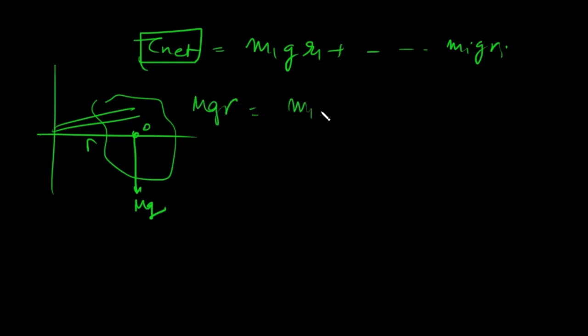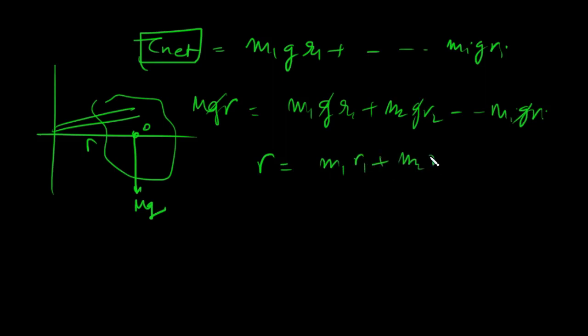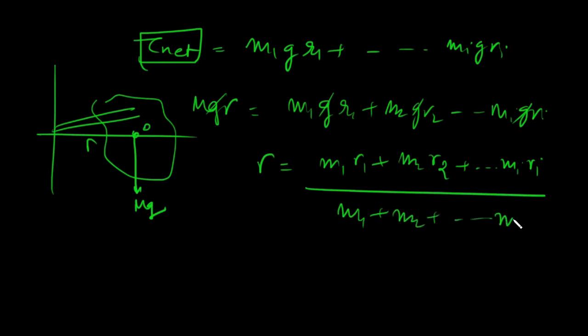Alright. So this is m1g r1 plus m2g r2 and so on up to mi g ri, and g gets cancelled out, and r becomes m1 r1 plus m2 r2 plus and so on up to mi ri, divided by M, the whole mass, so m1 plus m2 plus and so on up to mi.